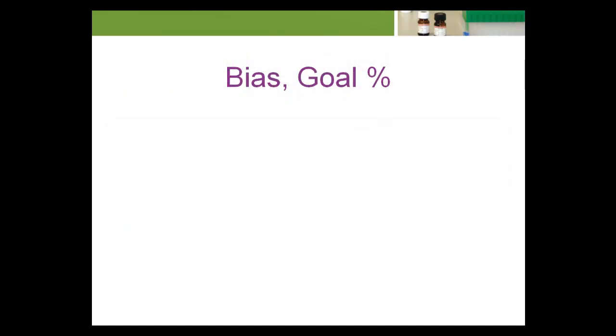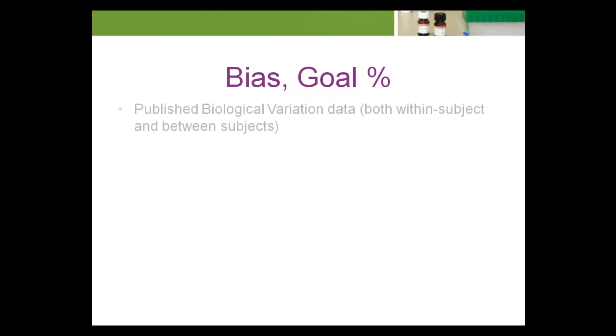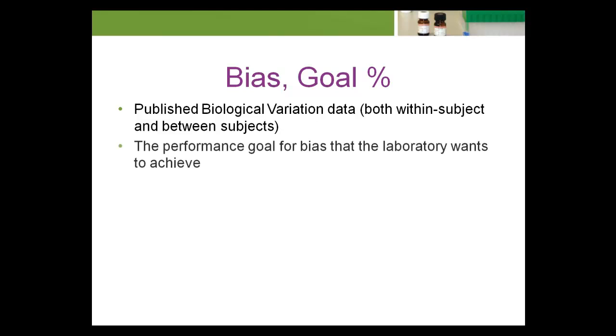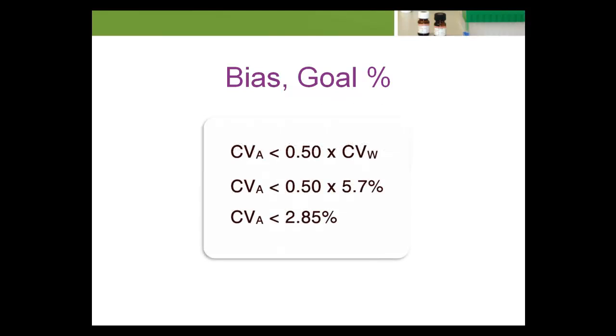The last component we need for our equation is our bias goal %. To calculate the bias goal %, there are two pieces of information that are needed: published biological variation data, both within subject and between subjects, and the performance goal for bias that the laboratory wants to achieve. If we were to choose a performance goal for imprecision of desirable, and the published CVW is 5.7%, then the CVA would be 2.85%.